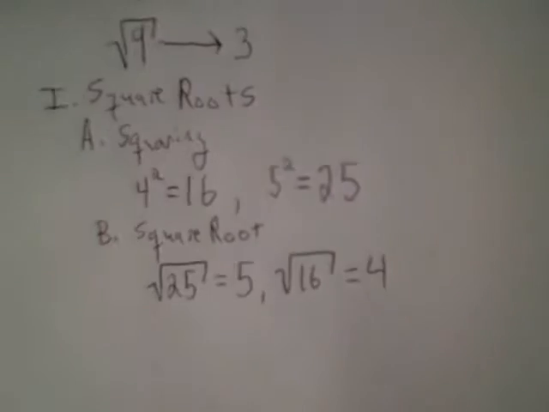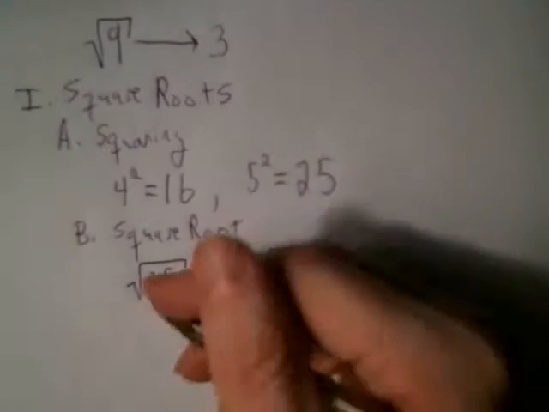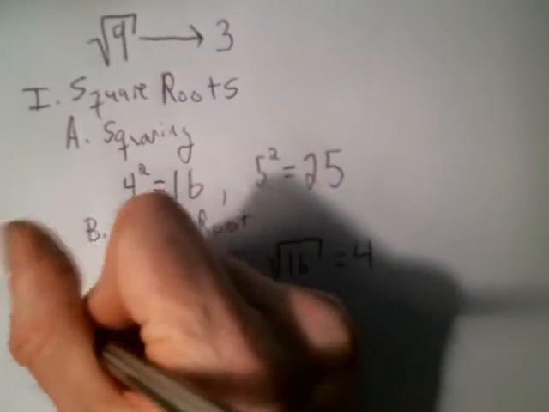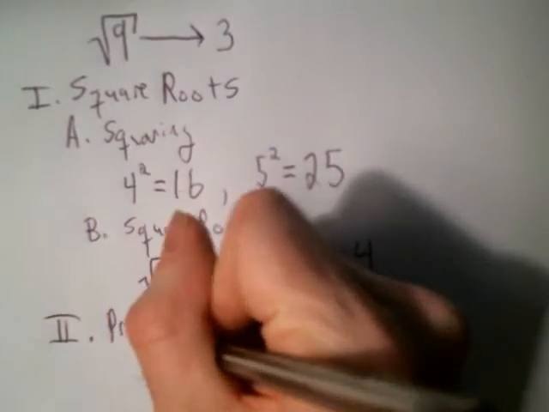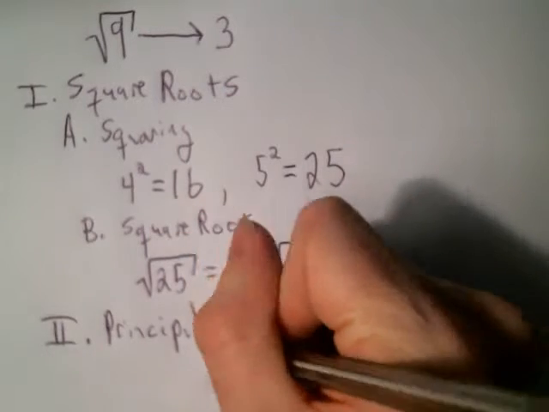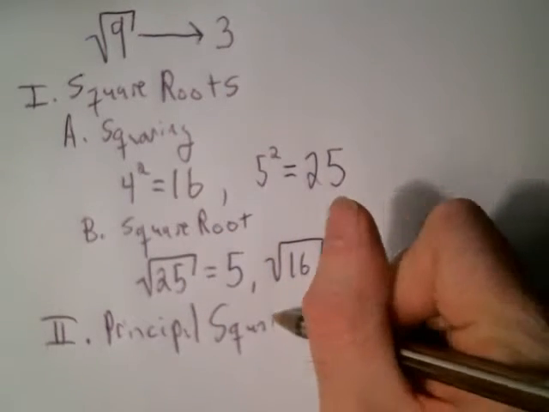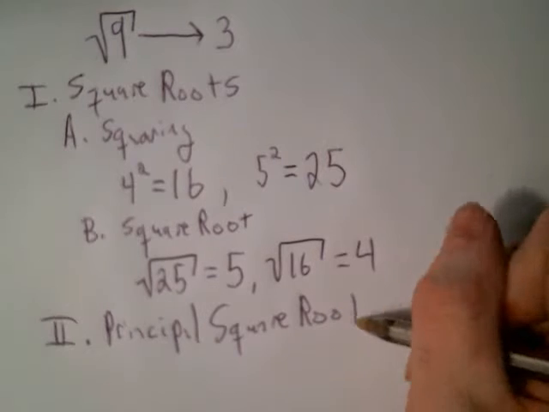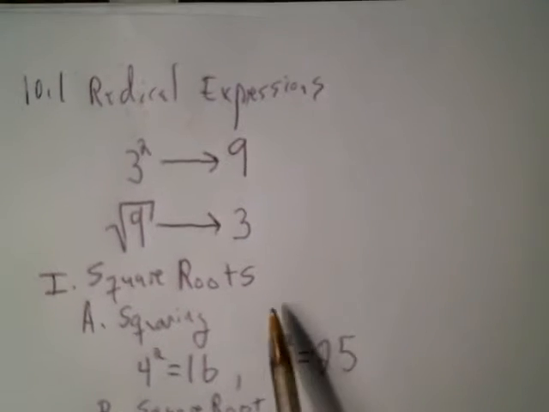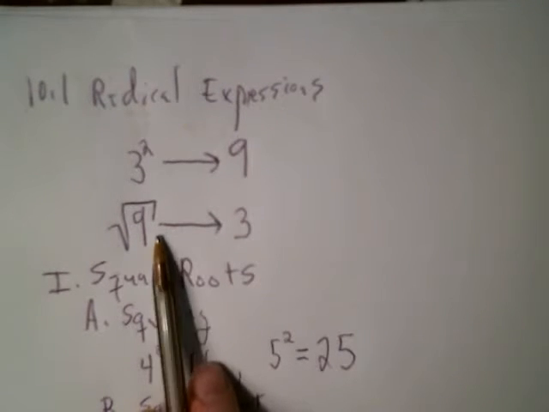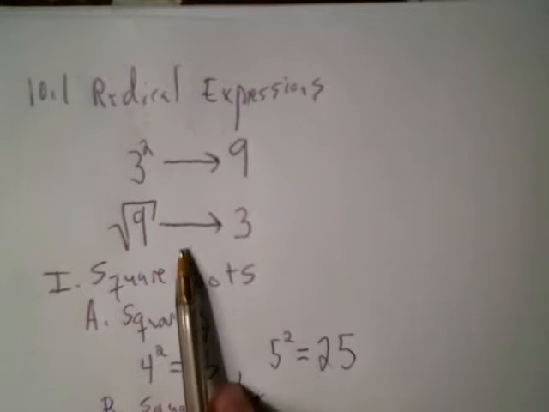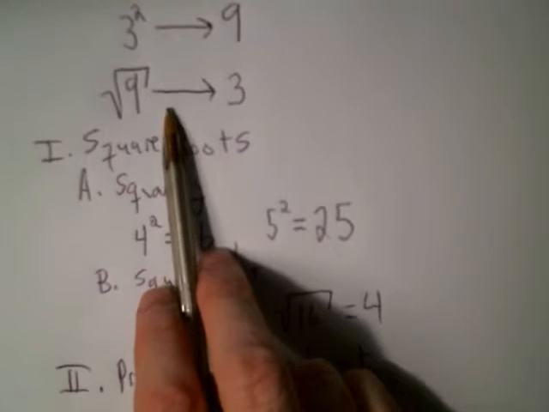So the first issue we see is the principal square root issue. Because in truth, when you go in this direction, there may be more than one answer. And why is that?